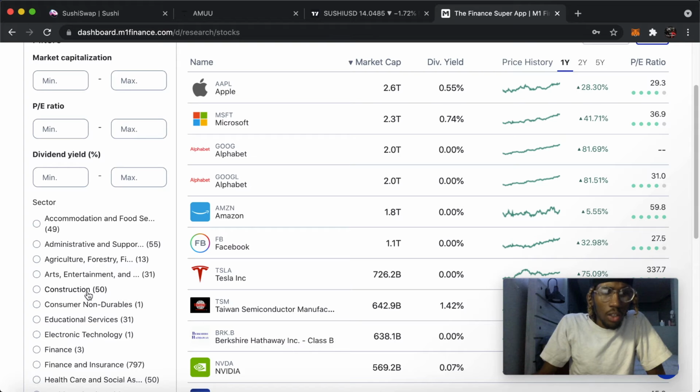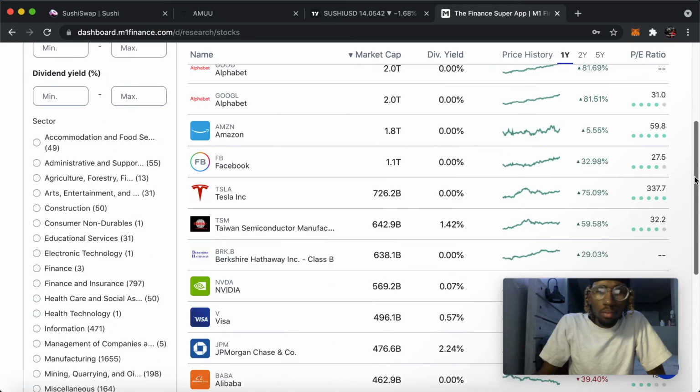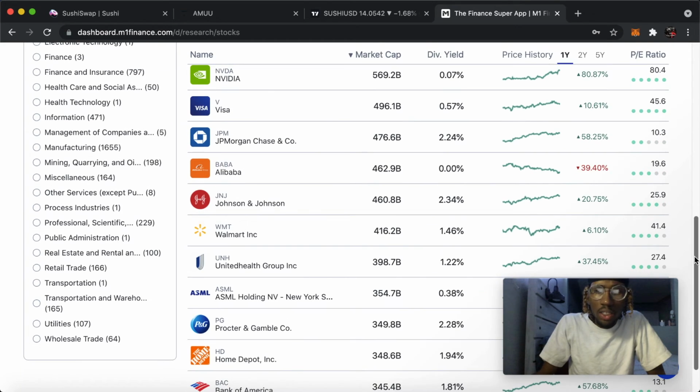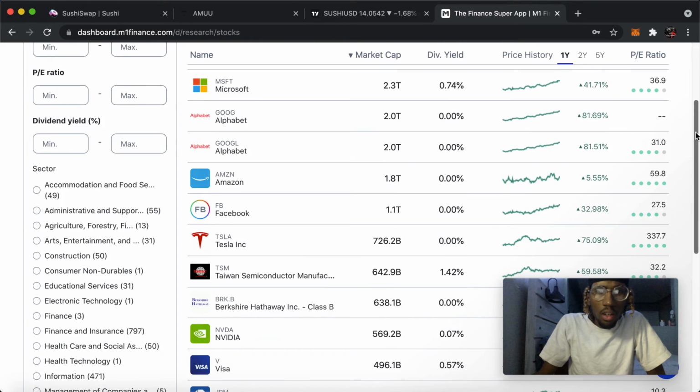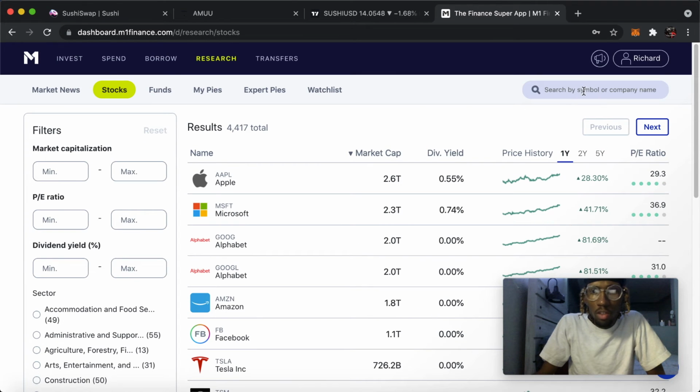Also the sectors: are you interested in the food industry? Electronics, construction, finance and insurance, healthcare, right? So it has a pretty detailed layout where you can easily scan it. Also, they have a search bar here if you have a specific one in mind that you heard somewhere or seen on a news article, right? So that's basically what this page is.